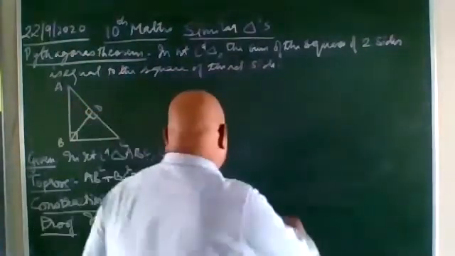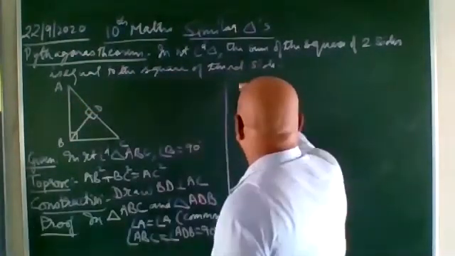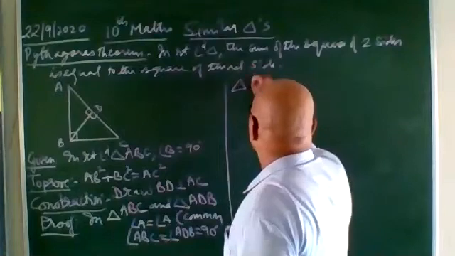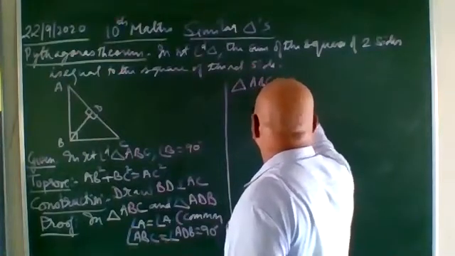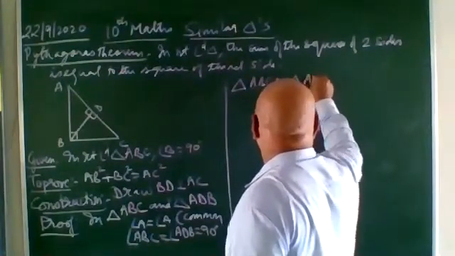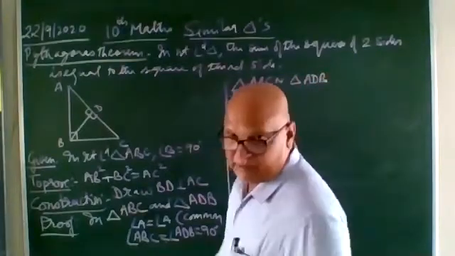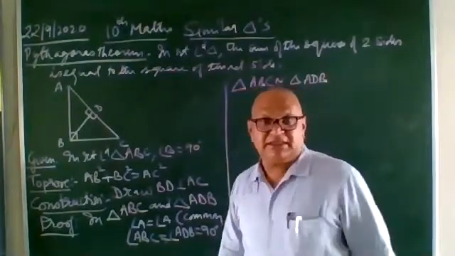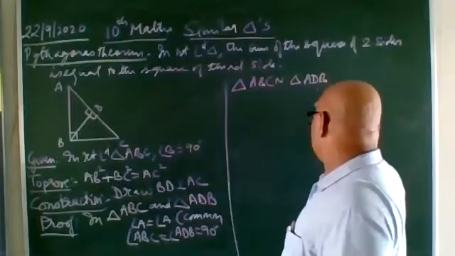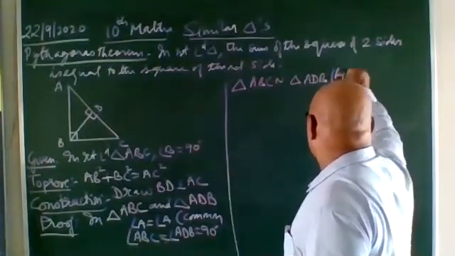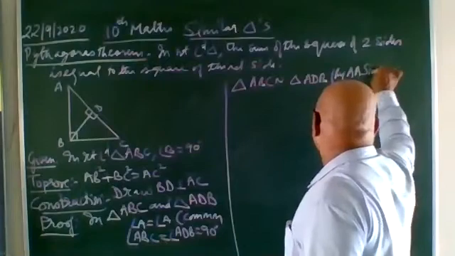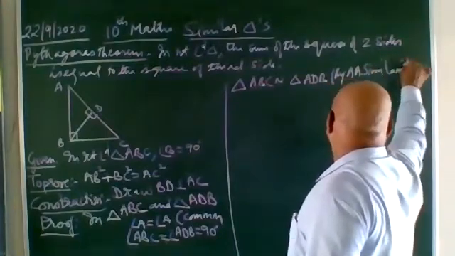After that, what you have to write? Triangle ABC similar to triangle ADB by AA similarity.